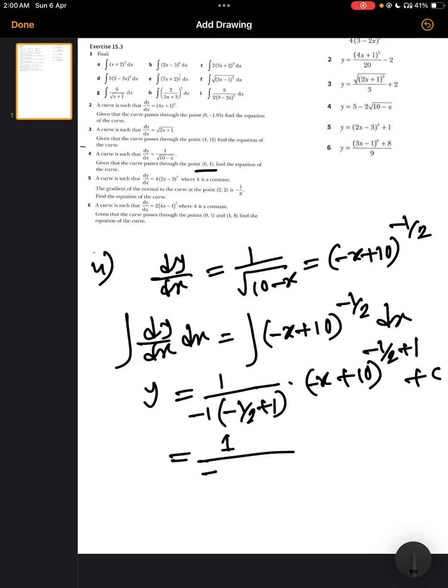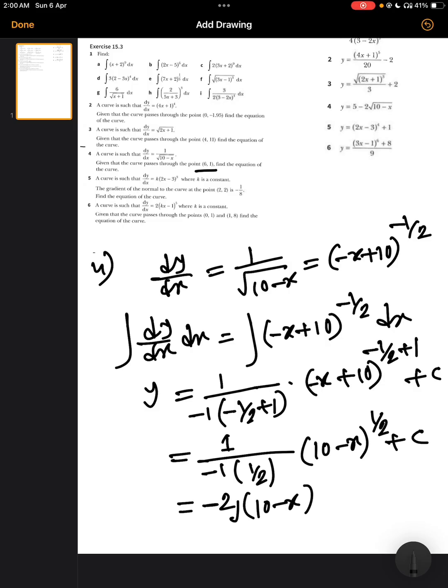So 1 over negative 1 times minus half plus 1. This is positive half here. Here is 10 minus x to the power just a half here, right? There is no problem. Negative half plus 1 is positive half, right? Plus c. Here 2 would be in front and here is negative 1, so I can put negative 2 here. So 10 minus x, I can take a square root because of this half, plus c. So y is equal to this thing.